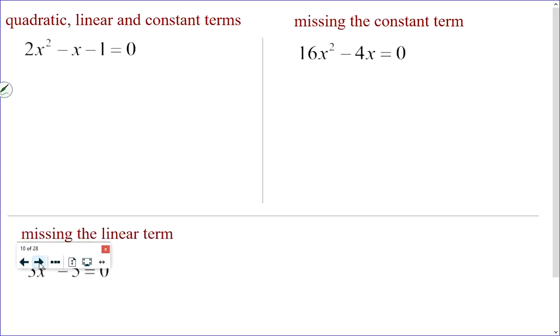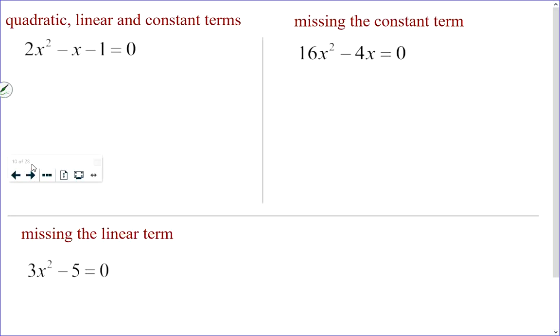We could have 3x squared minus 5 equals 0. That's a quadratic equation. It contains 3x squared, so it contains a quadratic term and a constant term, but it has no linear term. And I want to make sure that everybody's clear on how you solve these, because they're all solved in a slightly different way.